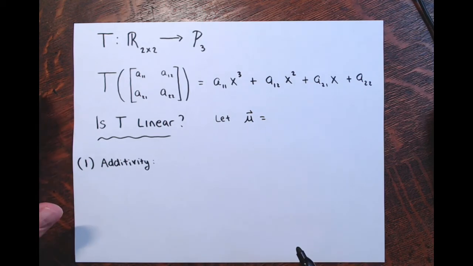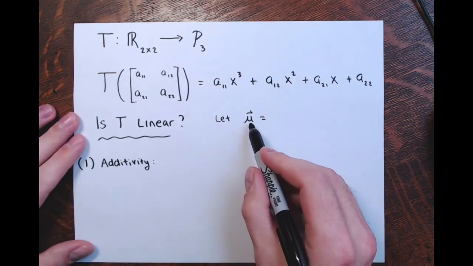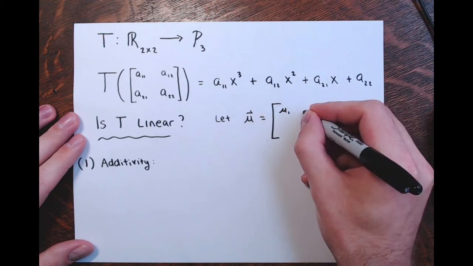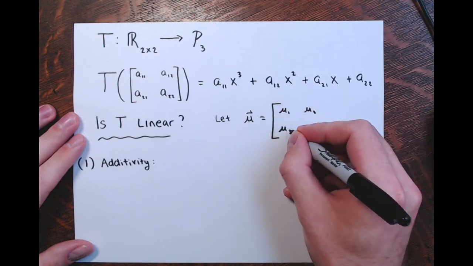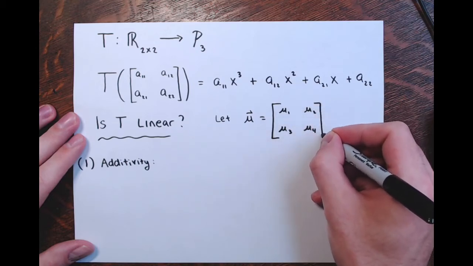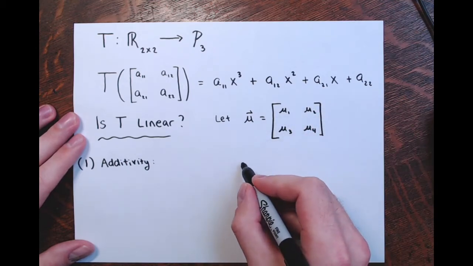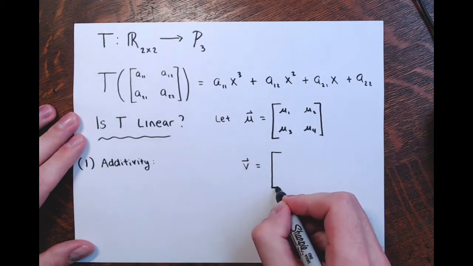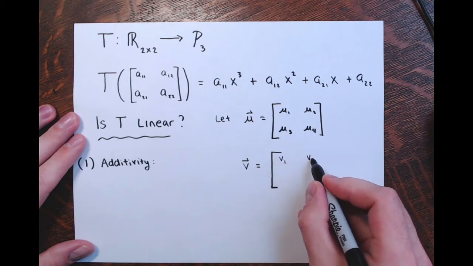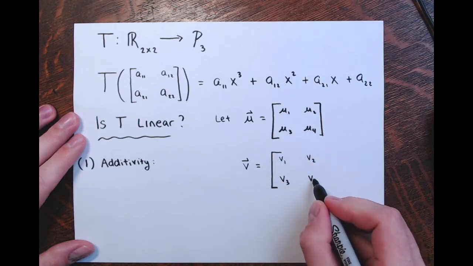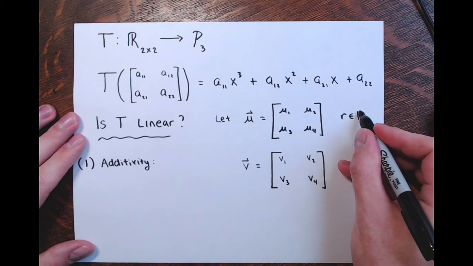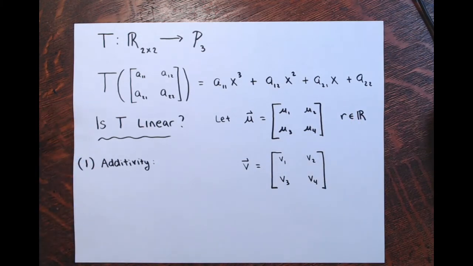These are coming from the domain, and the domain is 2 by 2 matrices, so this might look a little weird, but vector u is a 2 by 2 matrix with components u1, u2, u3, and u4. And vector v, also coming from the domain, is another 2 by 2 matrix with components v1, v2, v3, and v4. And suppose r comes from the real numbers. This is a scalar.